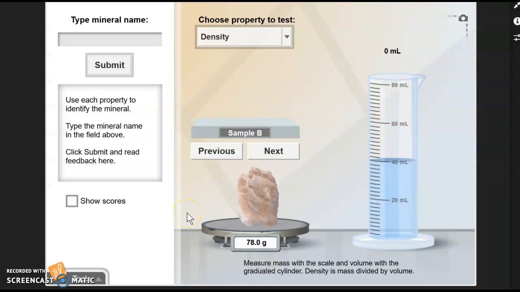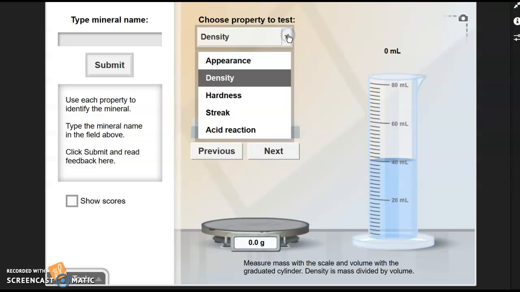So we simply divide 78 grams by 30 milliliters of volume, and that's going to give us 2.6. Once again, 2.6 grams per milliliter. So remember that, 2.6 grams per milliliter.